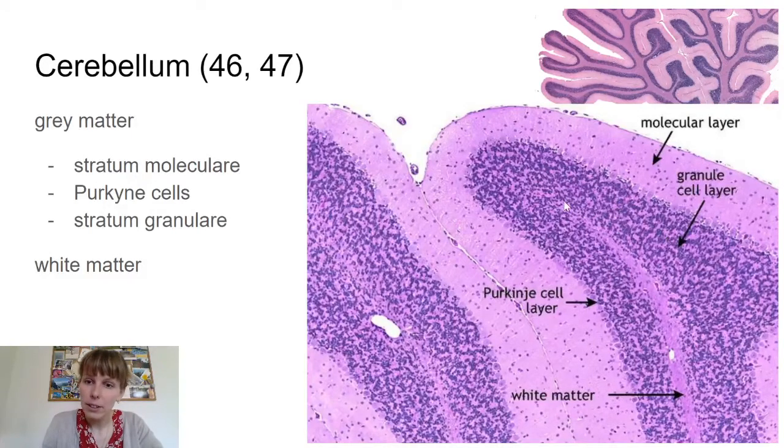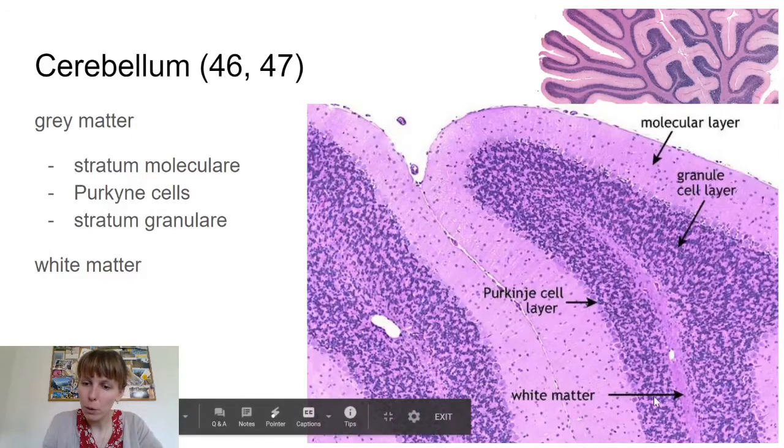And the very purple dotty layer here is the stratum granulare. So the layer of smaller neurons, granule cell layer, and inside here this would be the white matter. So the white matter is covered with stratum granulare, Purkinje cells, and stratum moleculare.